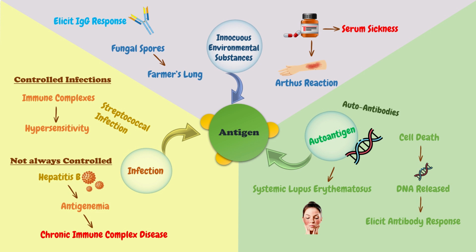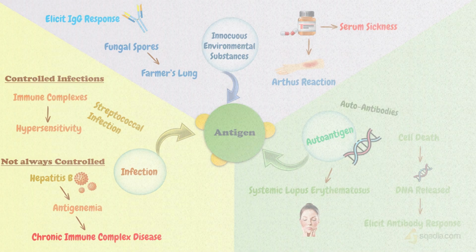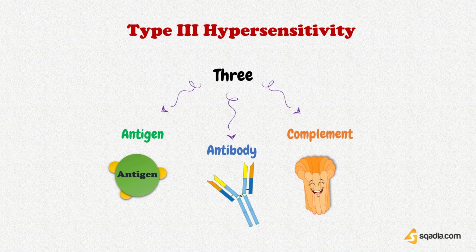Well, I told you in the very start of the video that in immune complex-mediated hypersensitivity reactions, or Type III, you can say three things are stuck together: the antigen, antibody, and the complement. We have discussed the first one, the antigen. Now comes the antibodies. Immune complexes will form only when the ratio between antigen and antibody is exactly right.